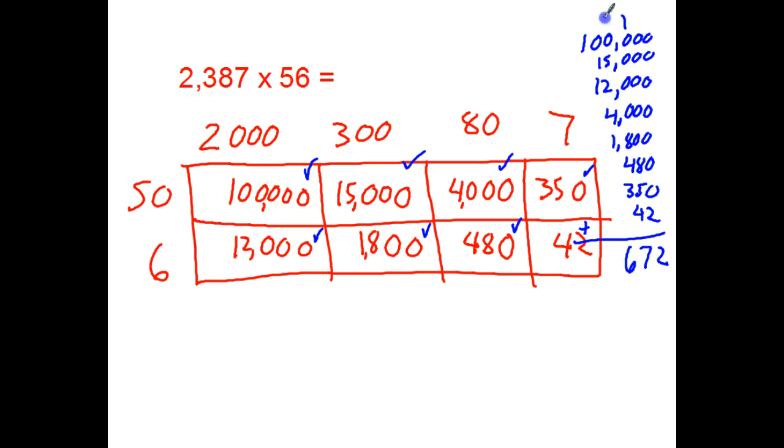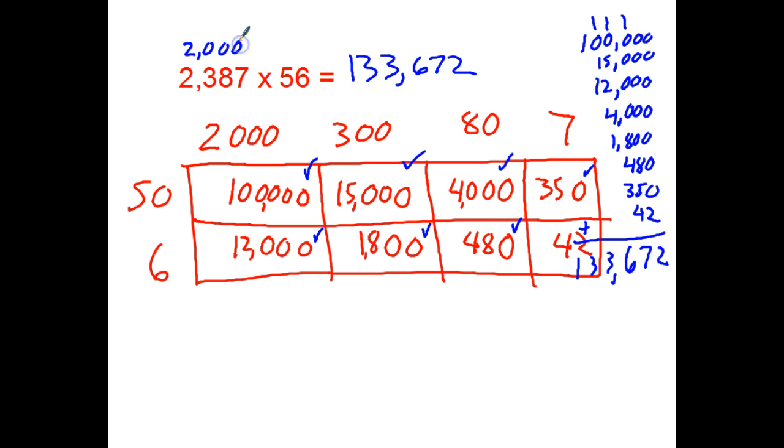Carry my 1 to the thousands. 1, 6, 8, 12, 13. Carry my 1 to the 10,000s. 1, 2, 3. Nothing to carry to the 100,000s. So my answer should be 133,672.